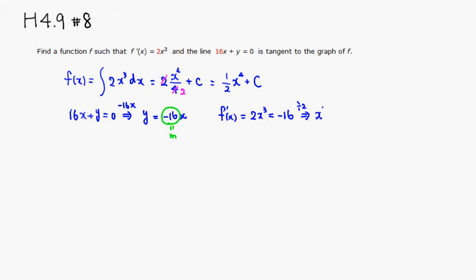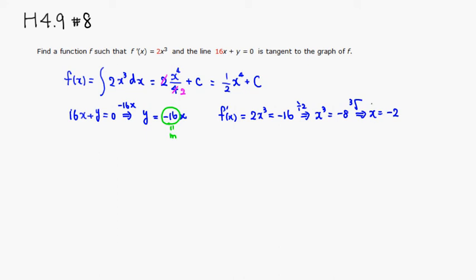We get x cubed is equal to negative 8. Then take the cube root of both sides to get x equals negative 2. So when x equals negative 2, we're going to have the correct slope, which means this is the point of tangency.